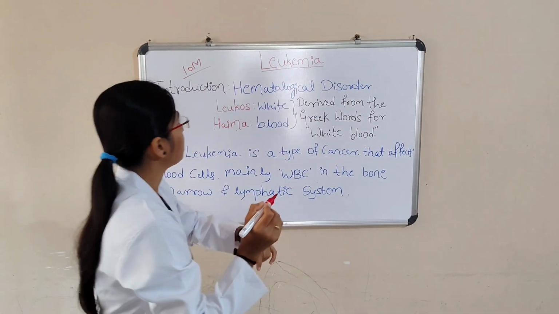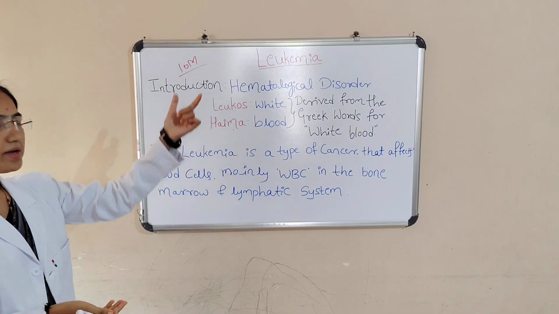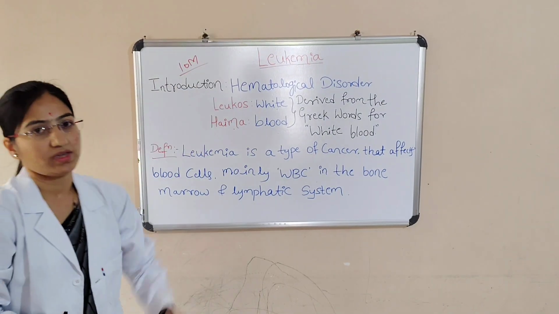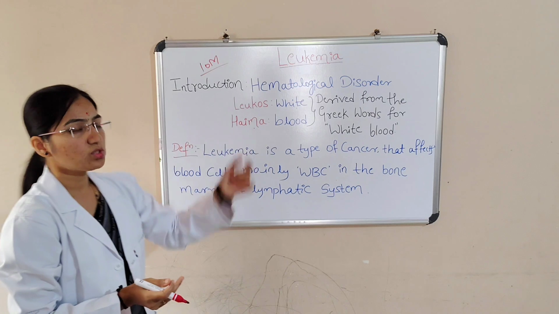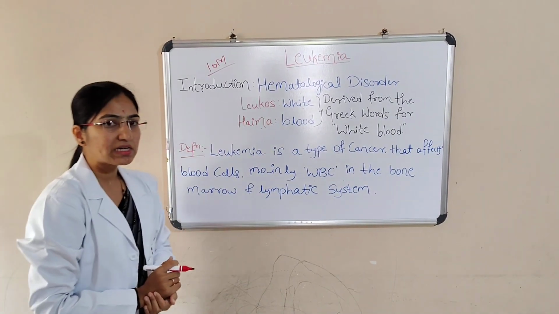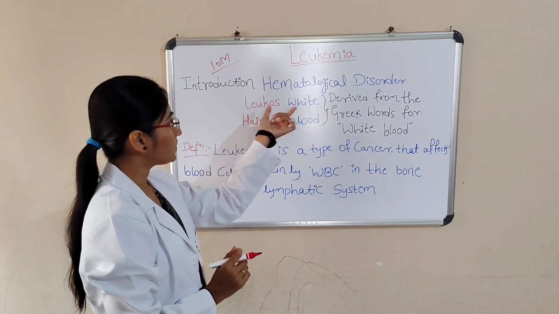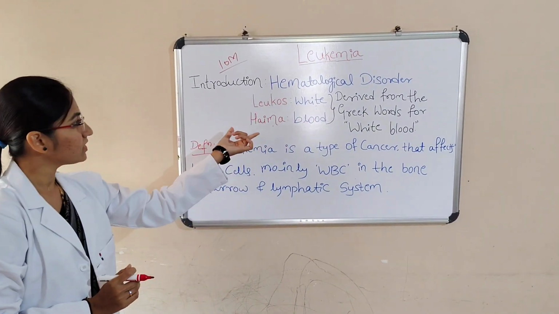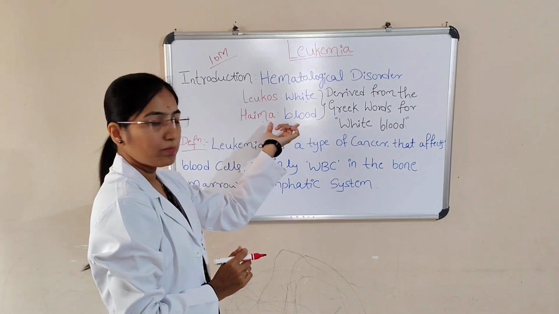Leukemia. First, in this leukemia, we'll see the introduction. What is leukemia? Leukemia is one of the hematological disorders, derived from the Greek word leukos, meaning white. Hema means blood.